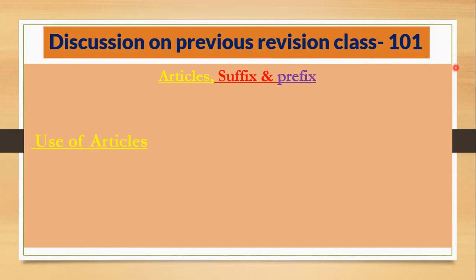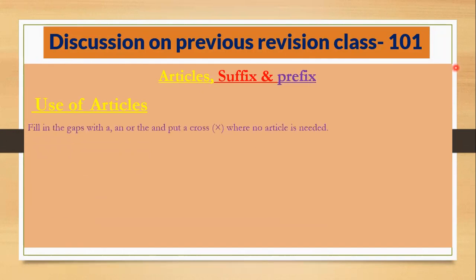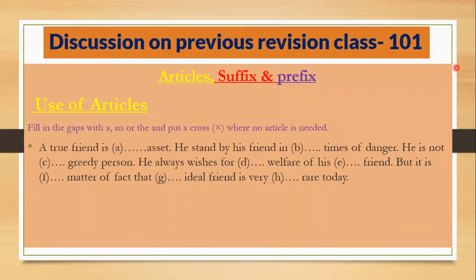Boys and girls, let's see some uses of articles. You know, there are three words of article: the for definite article, a and an for indefinite article. In the exam, you will get such type of indication: fill in the gaps with a, an or the, and put a cross where no article is needed.